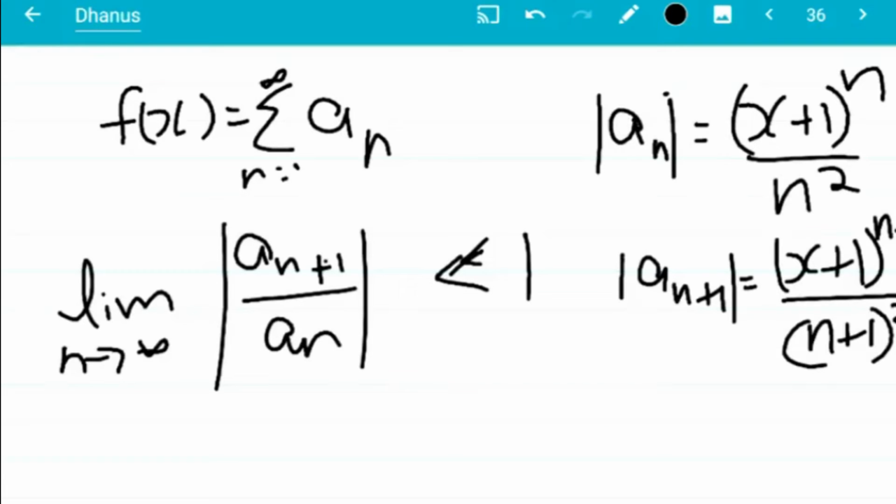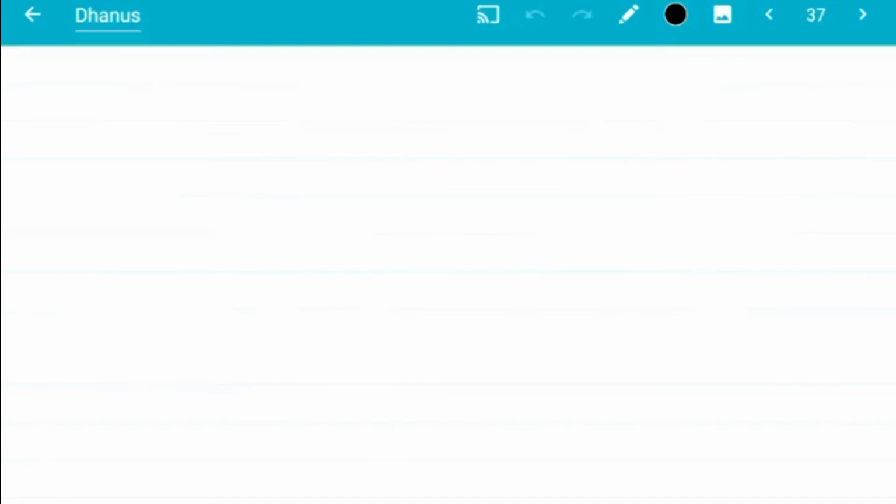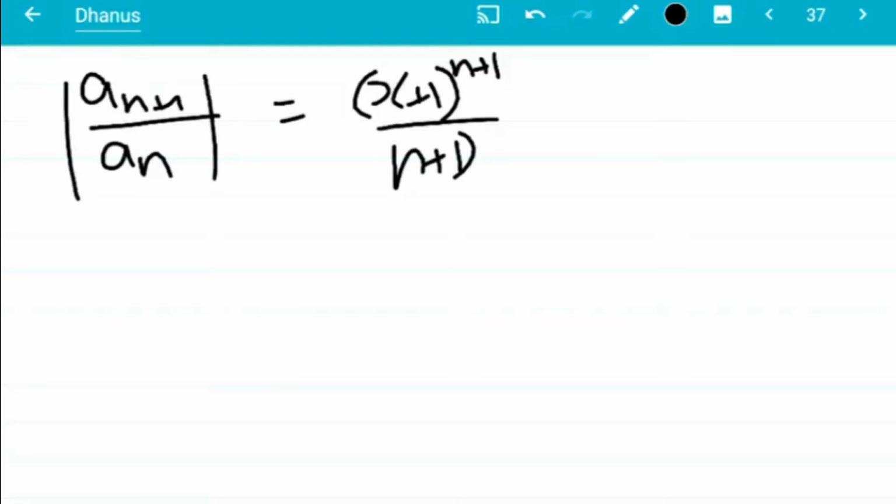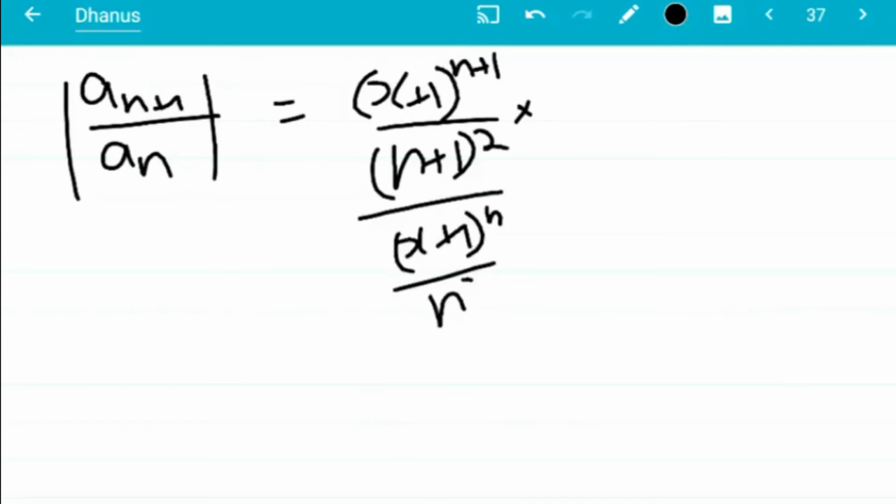And an plus 1 divided by an is equal to (x plus 1) raised to n plus 1 by (n plus 1) square, into that, (x plus 1) raised to n by n square.